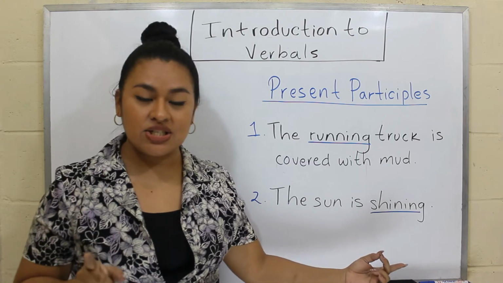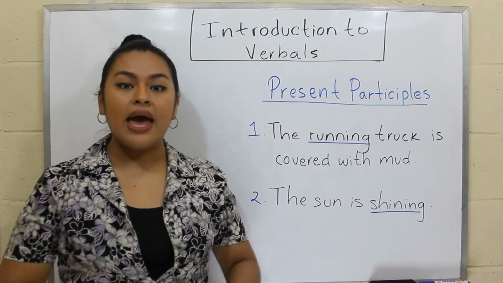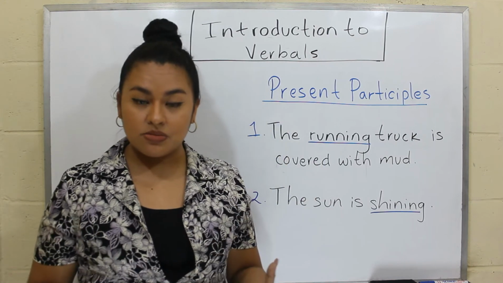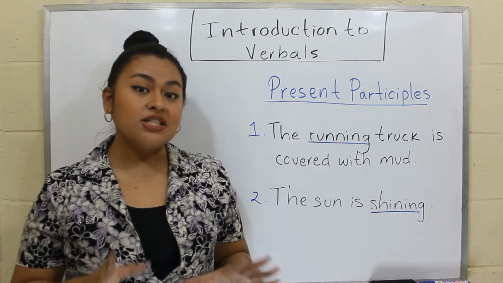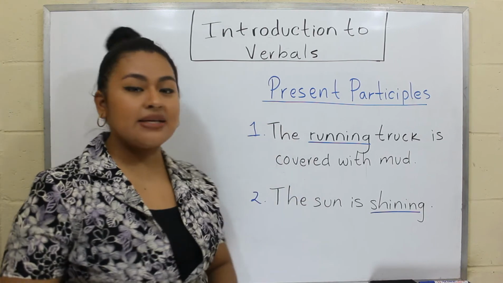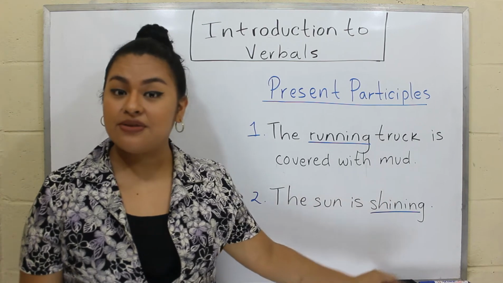It is not an adjective, but still, it is a present participle. And be careful not to confuse present participles with gerunds, because remember that they both end in ing. But the difference is that gerunds are nouns and present participles are adjectives or part of a progressive form.